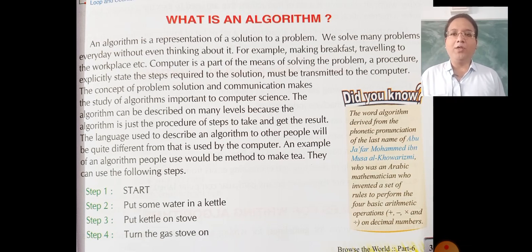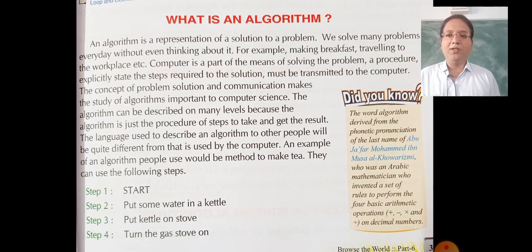Suppose you want to make tea, so what are the steps you will follow? They can use the following steps. Step 1, start. Step 2, put some water in a kettle. Step 3, put the kettle on the stove.